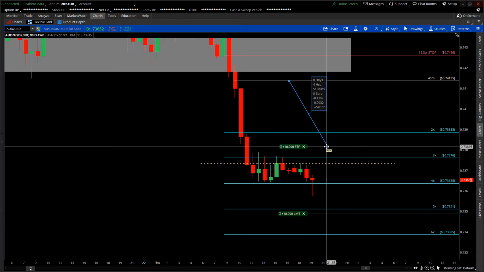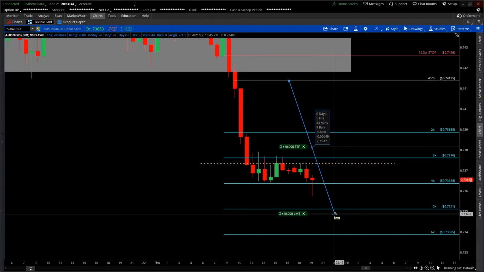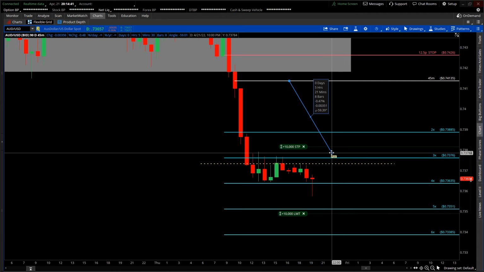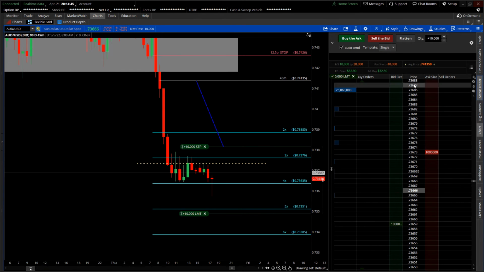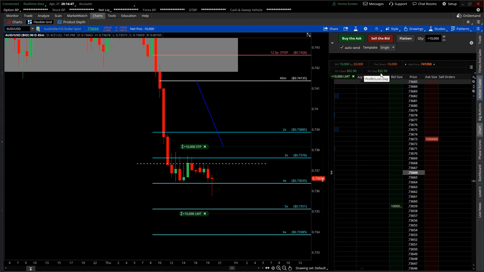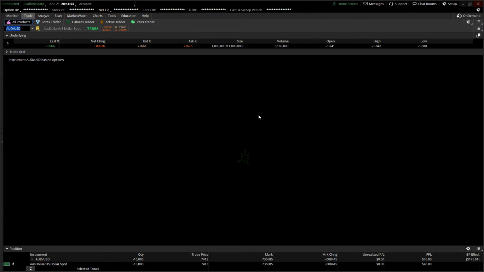And that is approximately 64, 65 pips right down here. So that's it. And if I open up Active Trader, the trade is up $62 and change. Let me see. So if I click on the trade tab, yeah, so it's up $46.